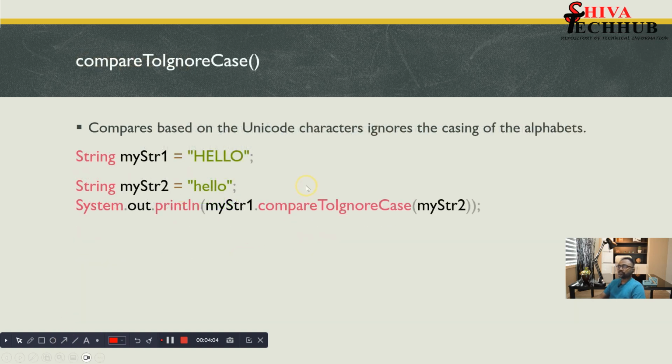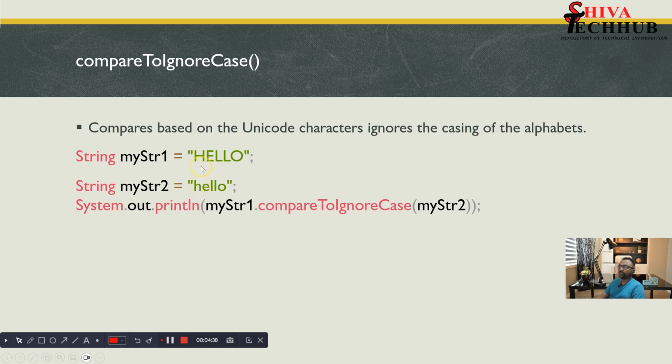The next function is compareToIgnoreCase. The difference between the last function compareTo and compareToIgnoreCase is that it ignores the casing, right? So even if you give the character as uppercase or lowercase, if the characters are the same, then it will consider them as equal. For example, if you give capital H and small h in this example, it considers both the characters equal. But if in place of h you give some other character, then it won't consider them as equal.